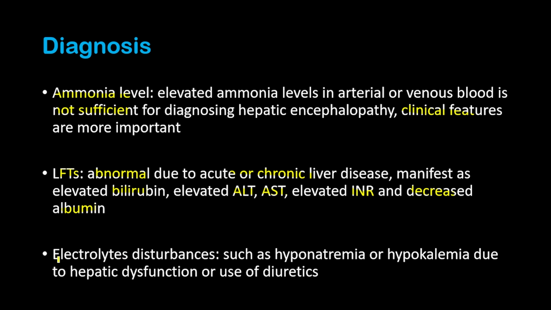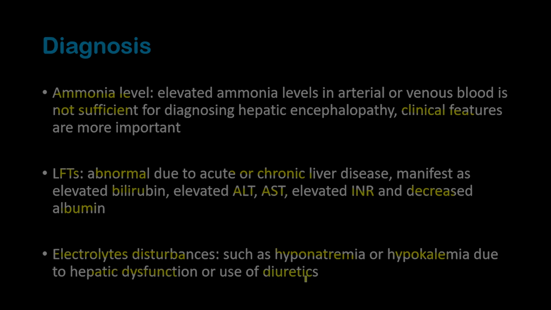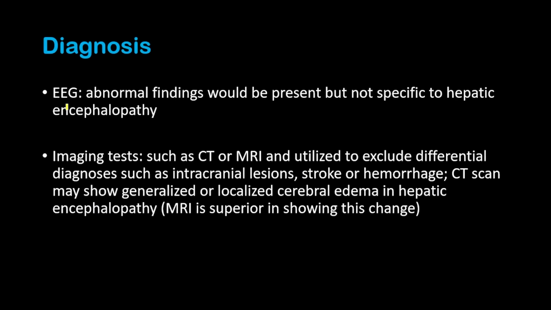Now we also have the electrolyte disturbances. Examples for those are hyponatremia or hypokalemia. And those disturbances are due to the hepatic dysfunction or the use of diuretics. Now we also can order an electroencephalogram for the patient, and this would show abnormal findings, but those are not specific for hepatic encephalopathy.